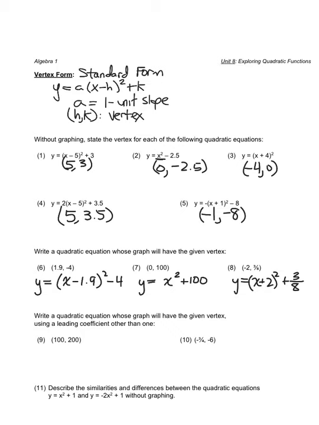The next one: write a quadratic equation whose graph will have the given vertex using a leading coefficient other than 1. It's not really designed to be any more complicated than just giving it a leading coefficient other than 1, so anything you want. So y equals 2 times x minus 100 squared plus 200.